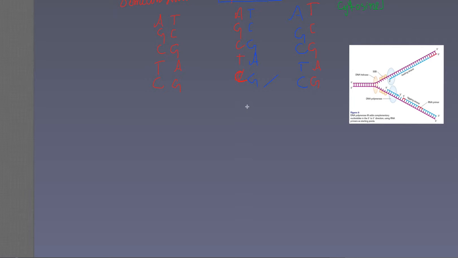But a human DNA is huge, sometimes really long. So it would take a lot of time if we started from one end and tried to go all the way to replicate all the strands of the DNA.